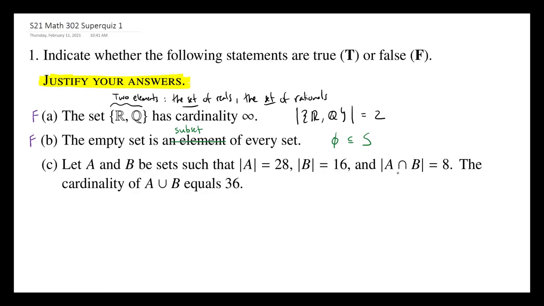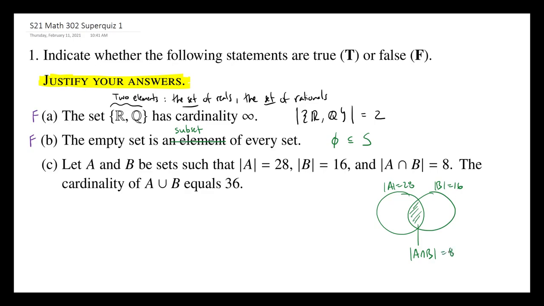And we know that the intersection, this upside down U, from a pictorial point of view means if that's A and that's B, then this shaded region in between is A intersect B. So it's all the elements that are both in A and in B, and we're saying that that has 8 elements. So A in total has 28 elements, B in total has 16 elements, and the intersection has 8 elements.